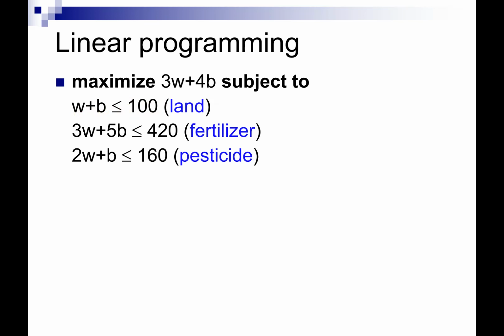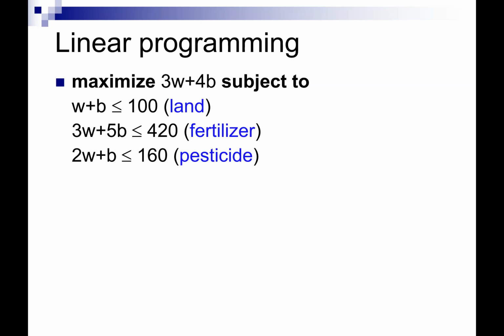And then for each acre of wheat, he needs to use 3 kilograms of fertilizer, and for each acre of barley, he needs to use 5 kilograms of fertilizer. Therefore, if he's going to plant W acres of wheat and B acres of barley, we need 3W plus 5B to be at most the total amount of fertilizer that he has, which is 420.